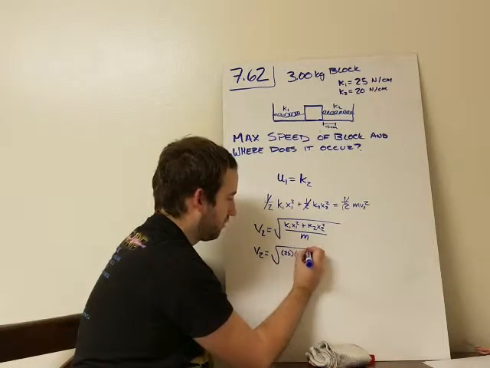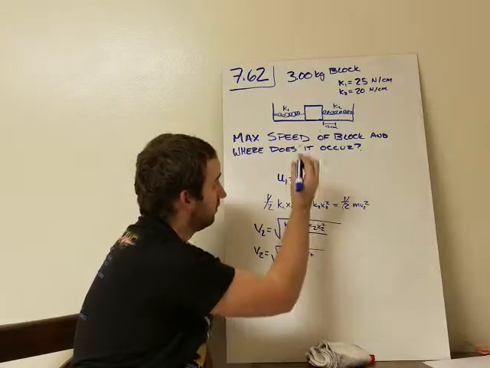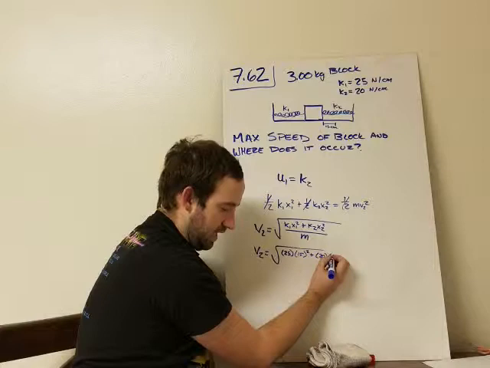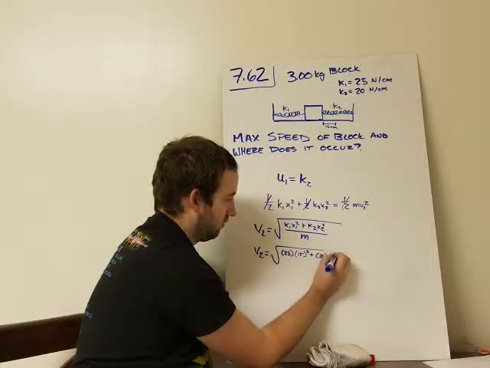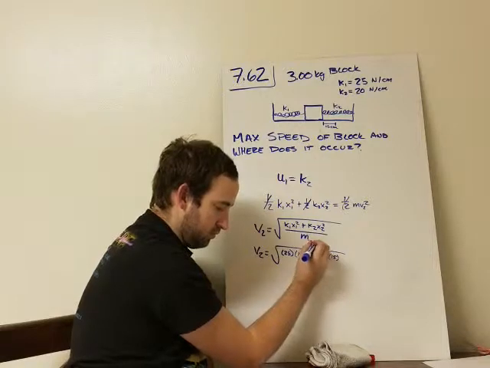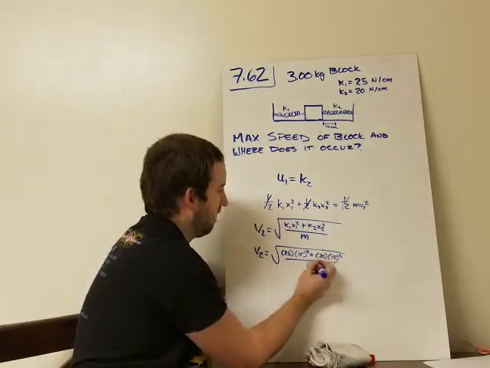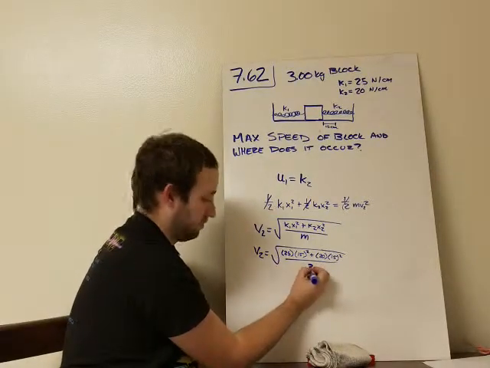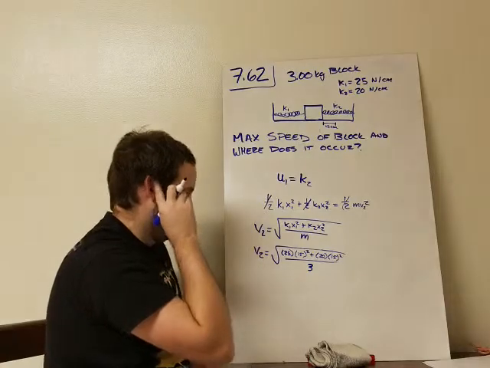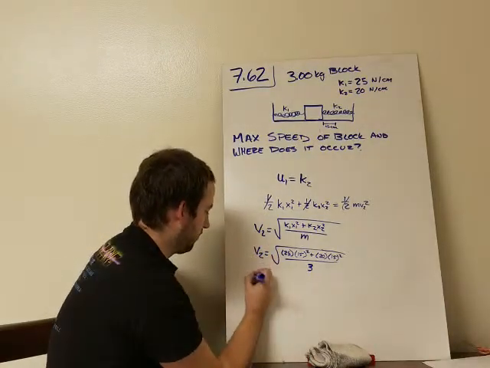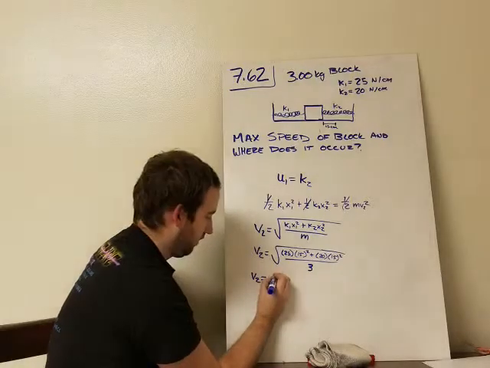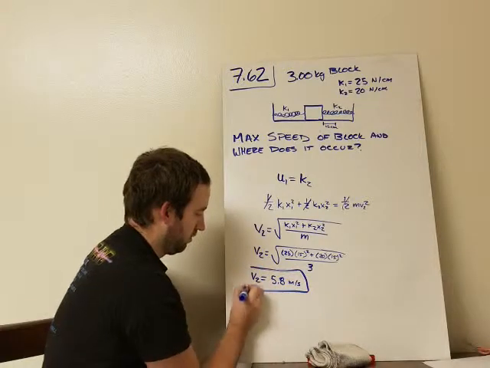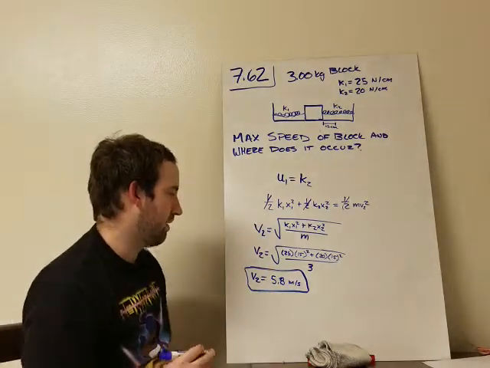And that's squared plus K2, which is 20, and then X2, which is 15, and then the mass, which is 3 kilograms. And when we solve that out, we end up getting v equal to 5.8 meters per second. So that's part A. So we found the max speed.